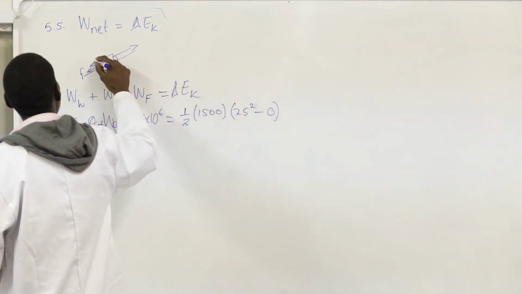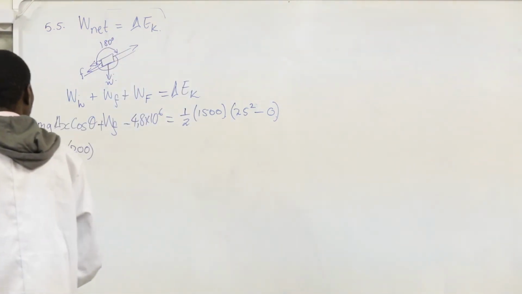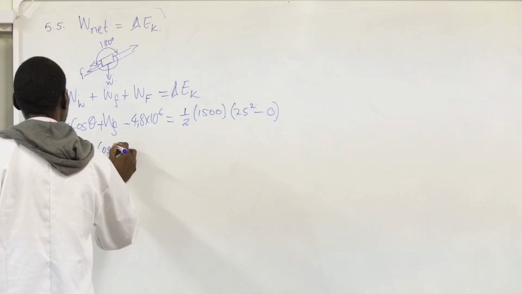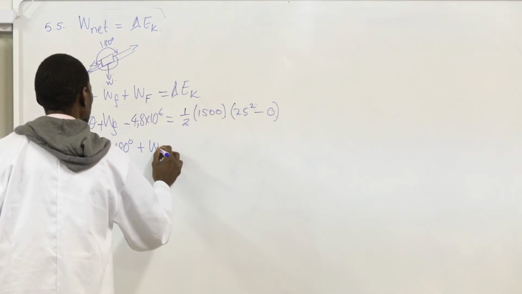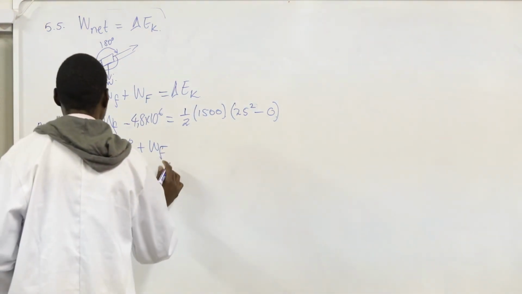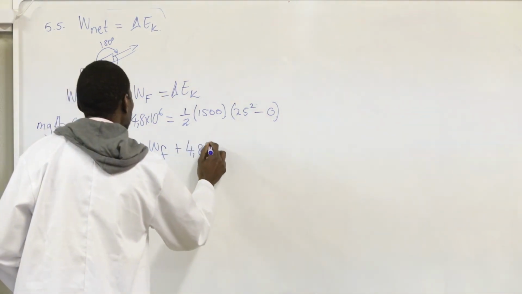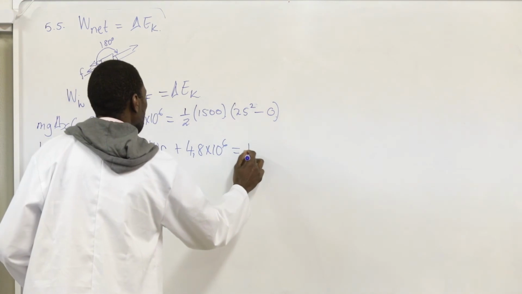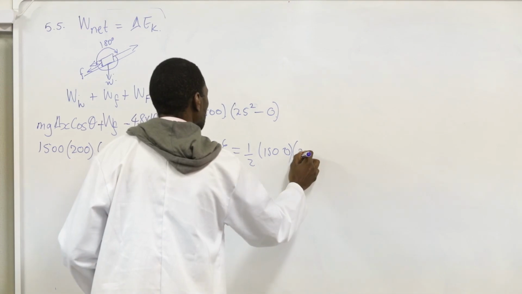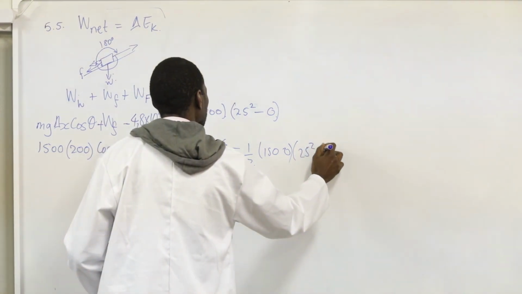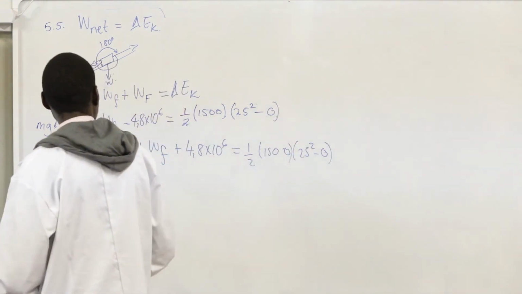You can take it that way or that way to the motion of the object, cos 180 degrees plus WF, which is force of friction. Let's give it a small letter f, plus 4,8 times 10 to the power of 6 is equal to a half 1,500 multiplied by 25 squared minus 0. Okay, minus 0. 0 squared is still 0.